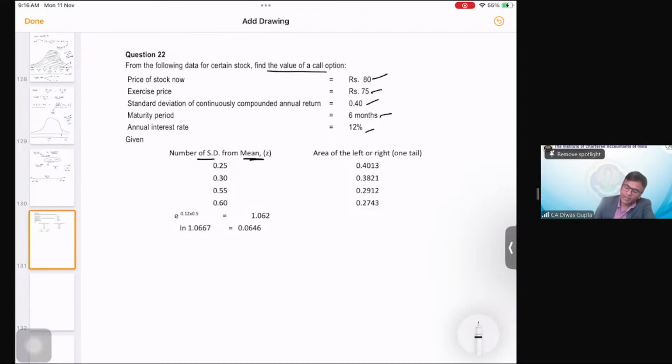Given number of SD from mean. Can't you relate this to what I have discussed? Number of SD from mean means the Z score, which is X minus mean divided by standard deviation. So number of SD means how many SDs are from the mean. What they're saying is Z is equal to 0.25. Then the area to the left or right, which is one tail, is this much.